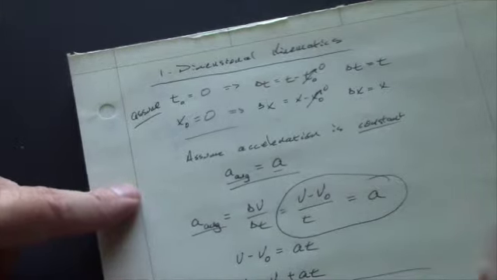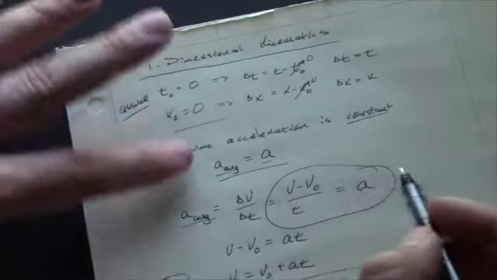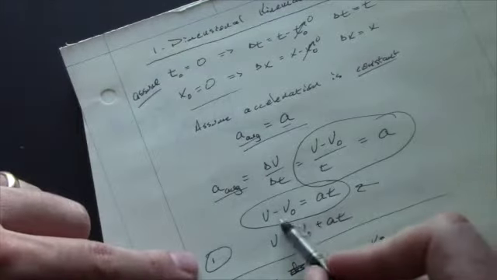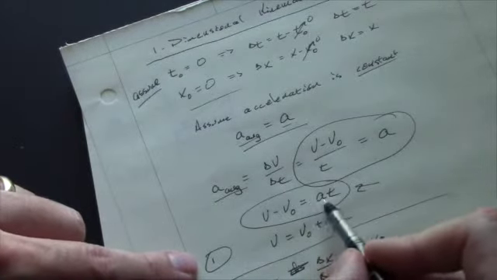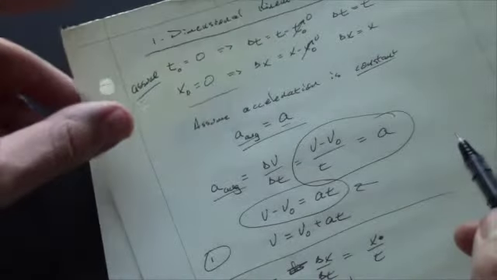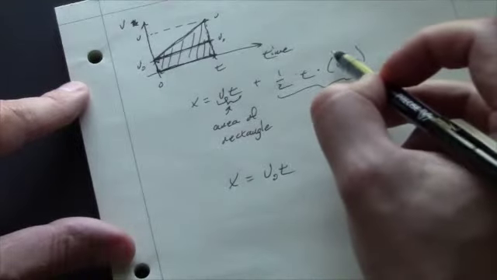Look at this right here: v minus v initial is the same thing as a times t, assuming acceleration is constant, which we are. So I'm going to have 1/2 times t times a t in place of v minus v initial.